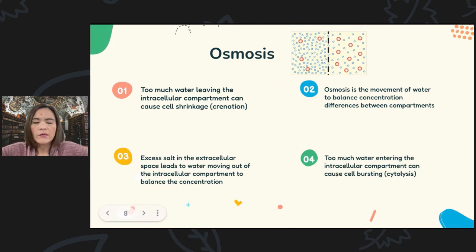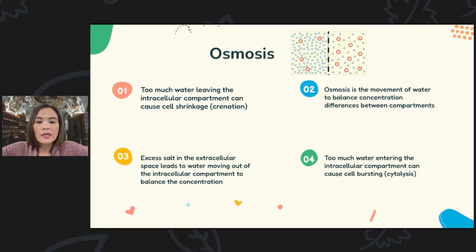Now, in the concept of osmosis, too much water leaving the intracellular compartments can cause cells to shrink, and you also call that crenation. Now, osmosis is the movement of water to balance concentration differences between those compartments.